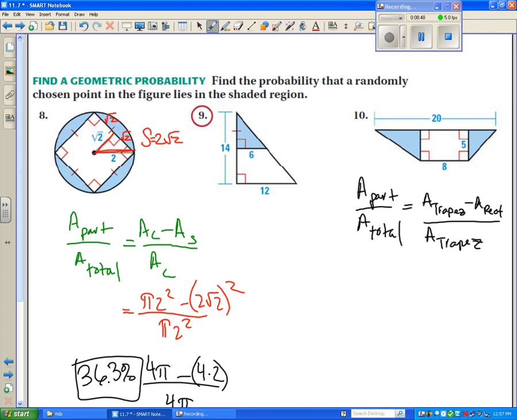So the area of the trapezoid is 1/2. In fact, in this case, you might find it beneficial to go ahead and just simplify this and simplify the rectangle before we even plug it into this formula here. Area of a trapezoid is 1/2 times height, which is 5, times the bases added together. It's just 28. 28 divided by 2 is 14. 14 times 5 is 70.